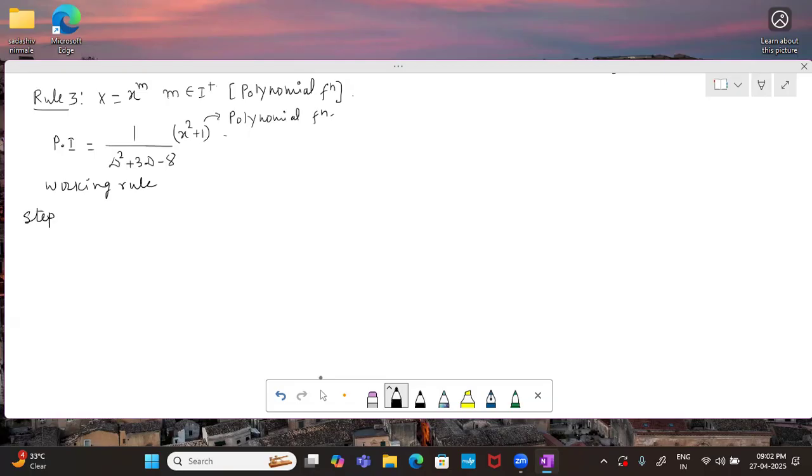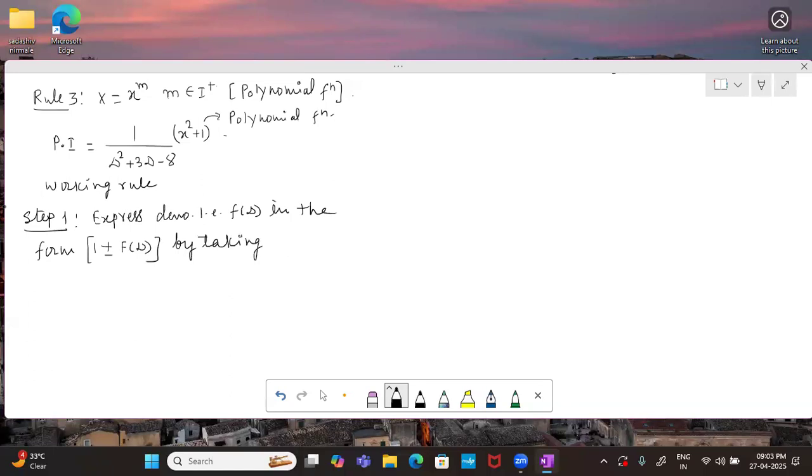Step number 1: express the denominator, that is f of d, in the form 1 plus or minus some other function of d, by taking the lowest degree term common from the denominator.